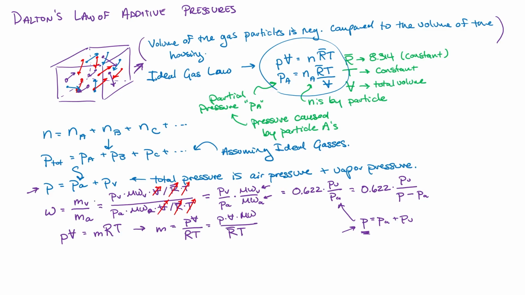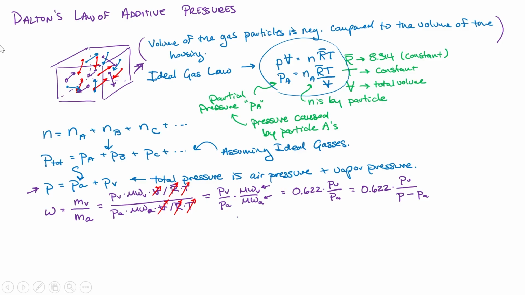And basically what we're going to come out to is we have two equations now. We have our definition equation, which is right at the beginning here. Let me get color swap going on here. Omega is going to be mv over ma, and we have our second equation.